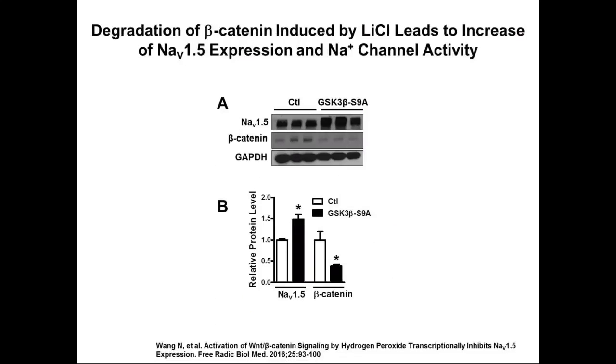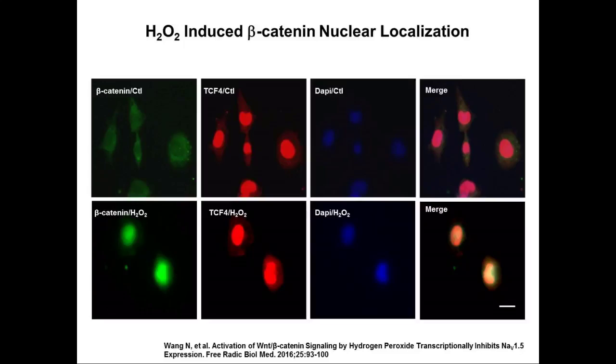So from another aspect, when GSK3 beta inhibits these channels, basically you can see beta-catenin is significantly upregulated, then sodium channels also follow the change. We also want to know whether H2O2's effects on this sodium channel could go through this pathway.